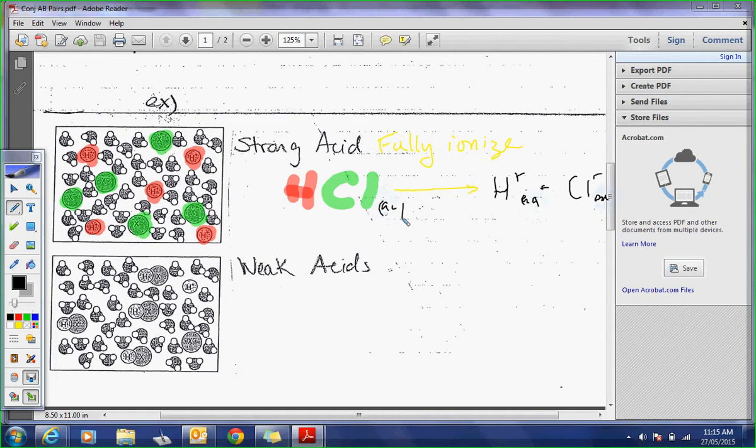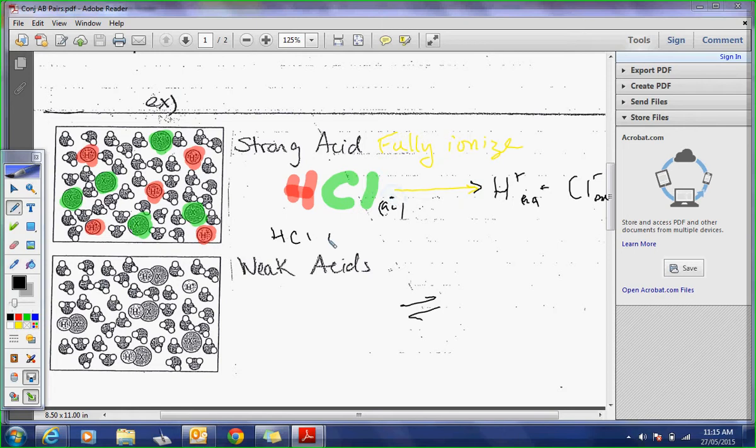Fine, that's Chem 20, fingers crossed. In Chem 20, if your teacher pushed you to the limit, you would have been forced to write a full arrow here and only partial arrows here, maybe, but certainly in Chem 30 I'm expecting that of you now. And the addition to Chem 30 is this. We wouldn't just write HCl by itself anymore.